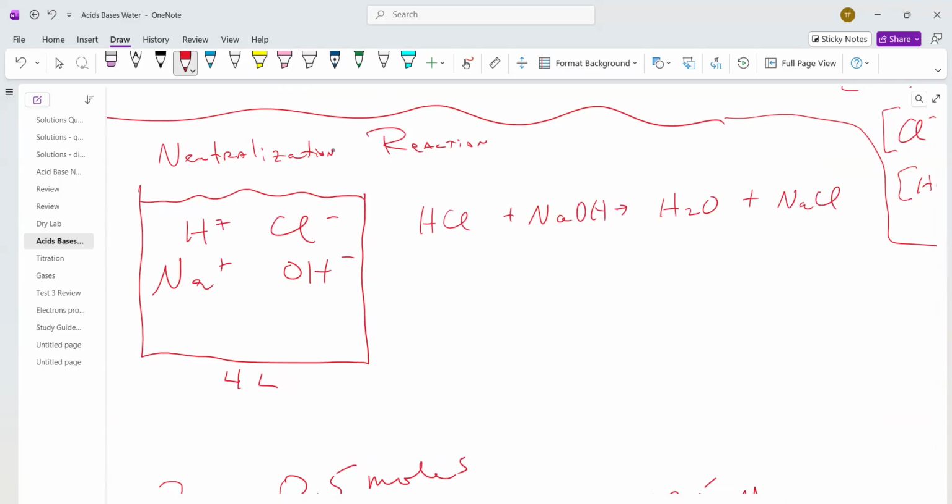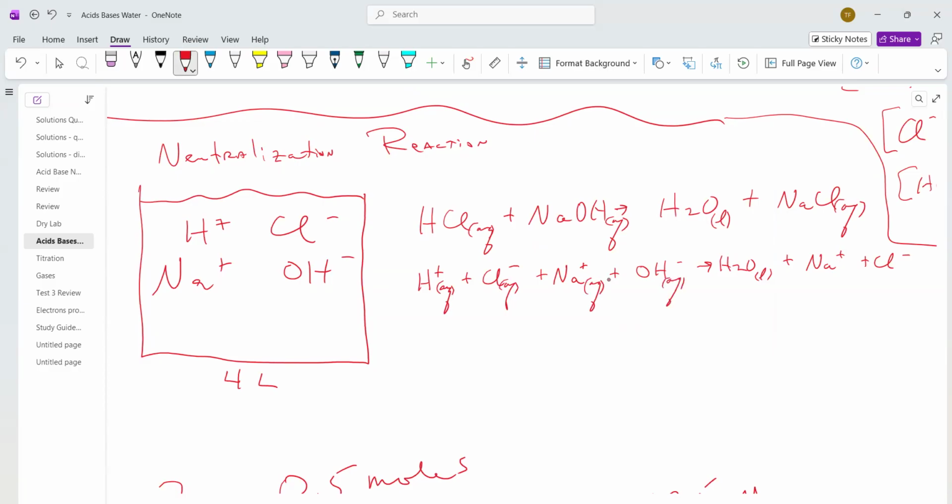These are all going to be aqueous, except the water, that's going to be an L for liquid. Those are all AQs.